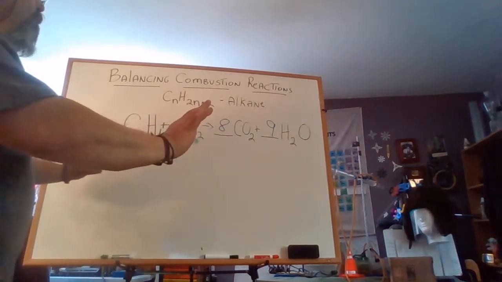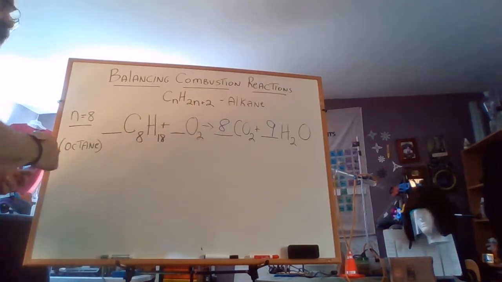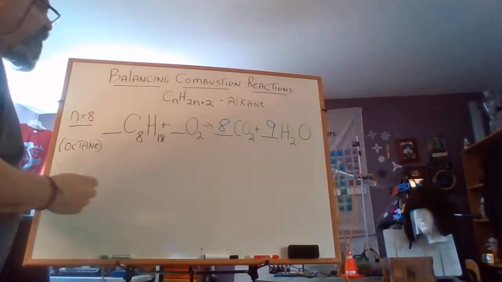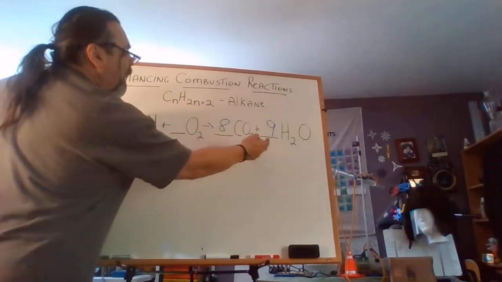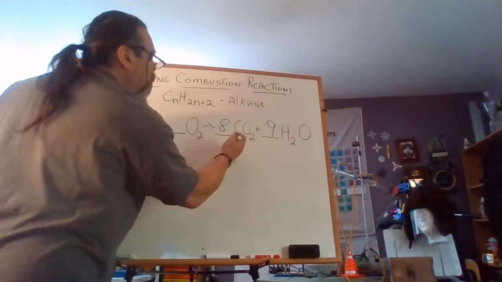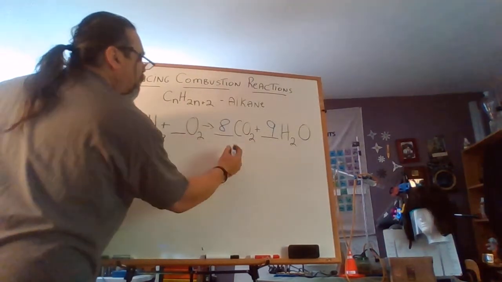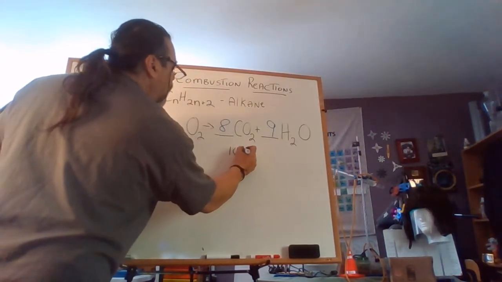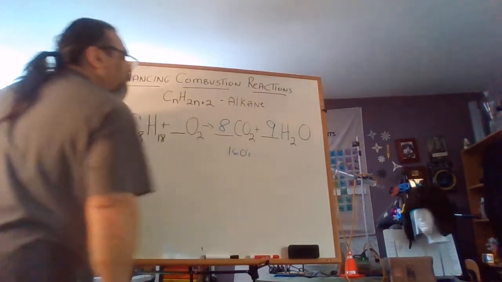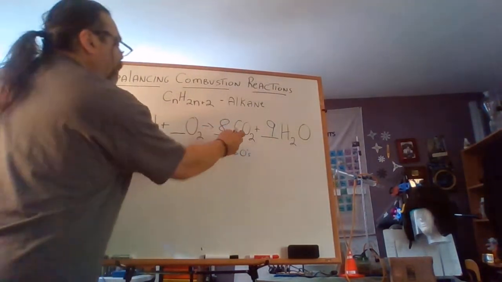So now I'm going to stop and do a little bit of this trick math, per se. I'm going to see how many oxygens I have in each of these molecules. First I've got 8 times 2, or 16 oxygens coming off of my carbon dioxide.